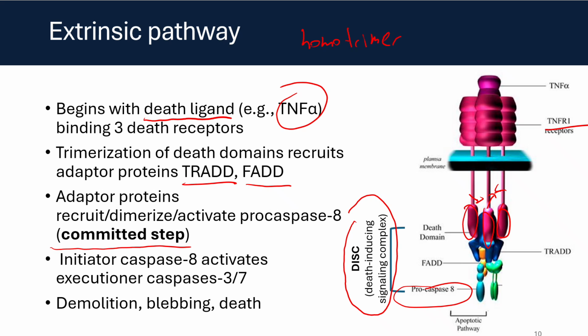And what do initiator caspases do? They activate the executioner caspases, procaspase 3, procaspase 7, the same ones that we saw at the end of the intrinsic pathway, which means you already know what happens next. Cytoskeletal demolition, then blebbing, then formal death.